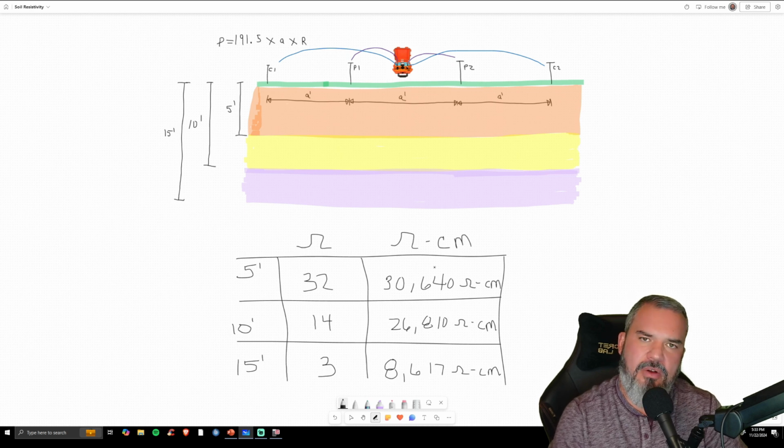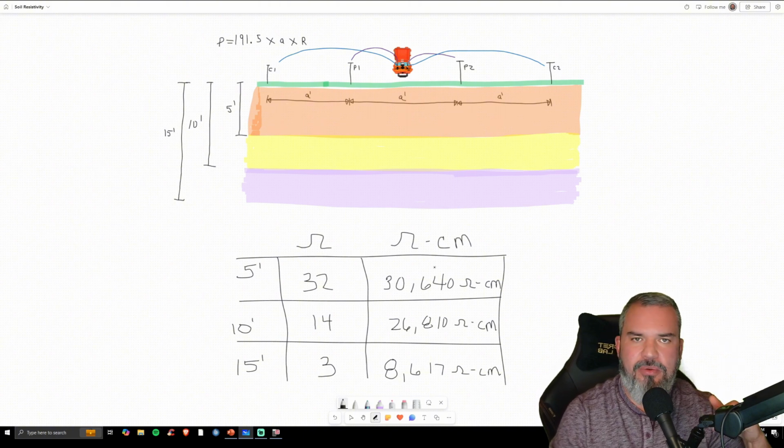So you need to know, am I in feet or am I in centimeters? Once you understand that, you can calculate it. Now you make sure you capture that data, document that data accurately. Now you can use that information, whether you're in an AC interference situation or a CP design situation or whatever it is. So there you go. There's the 4-pin Wenner method.